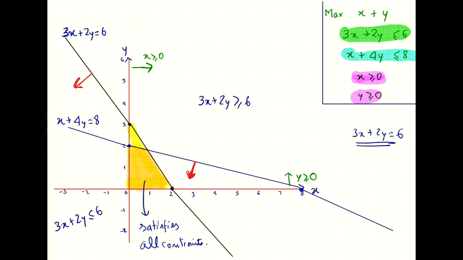You can actually make x units of cappuccino and y units of latte at any point there. What we care about is the optimal one, which is the maximum number of drinks, but any point there is feasible.